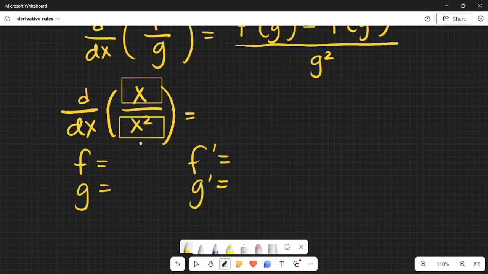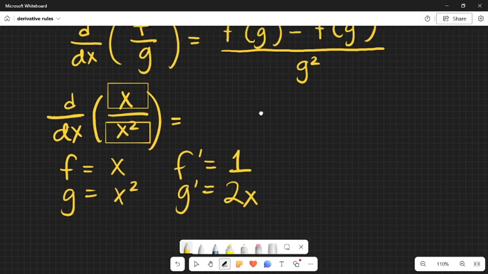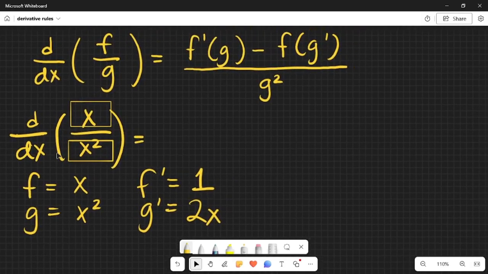So what's our numerator? It would be x. Our denominator is x squared. Therefore, it will be put in the g function. Now we're going to find the derivative of both f and g. The derivative of x is 1, and the derivative of x squared is 2x. Now we're going to put these values into this formula.